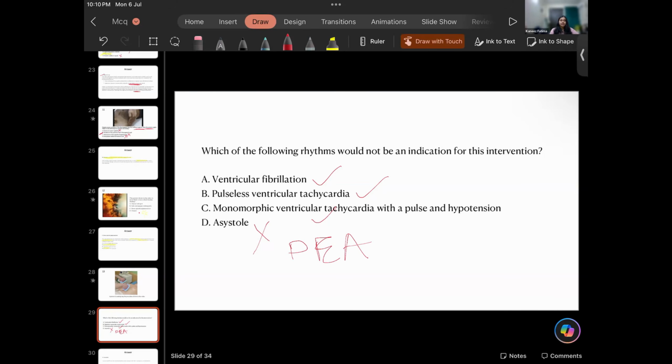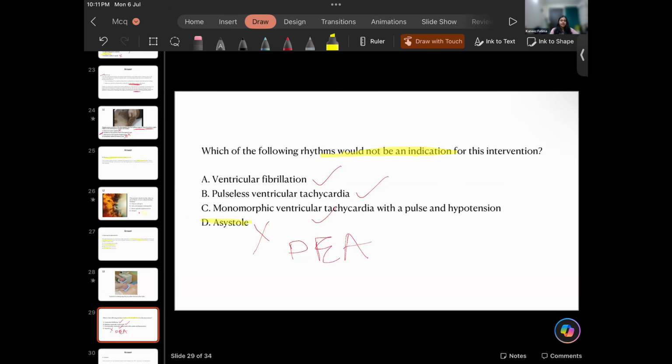The question has asked which of the following is not an indication. Whenever a question says not an indication, not true, or all except, you have to be very careful. Three would be the correct options and one would not be an indication.